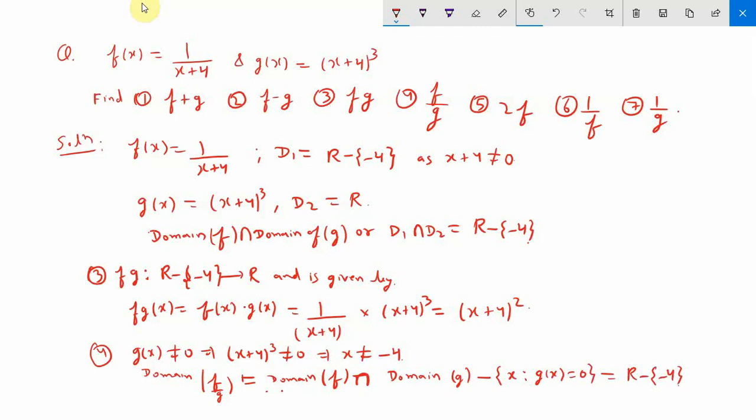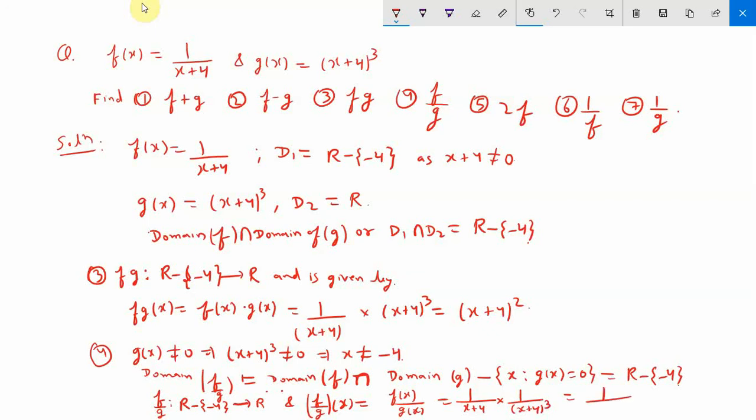And function will be given as f by g from R minus {minus 4} to R, and (f by g)(x) will be equal to f(x) by g(x). So f(x) is 1 by (x plus 4) and g(x) is (x plus 4) to the power 3.